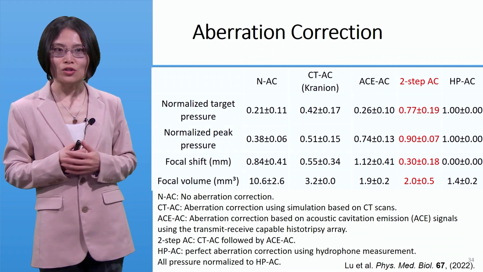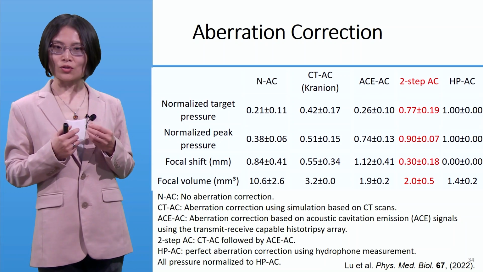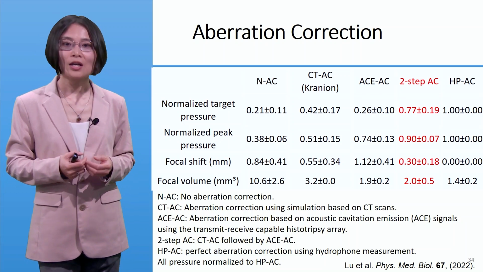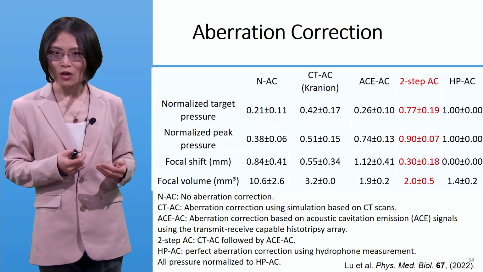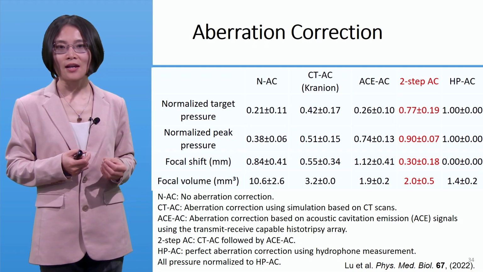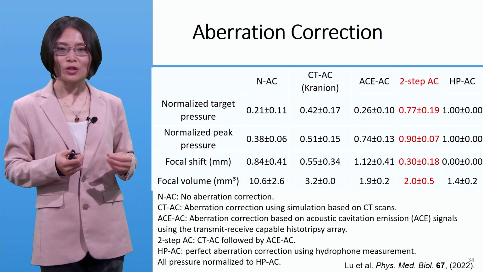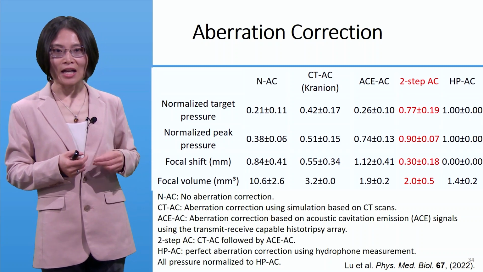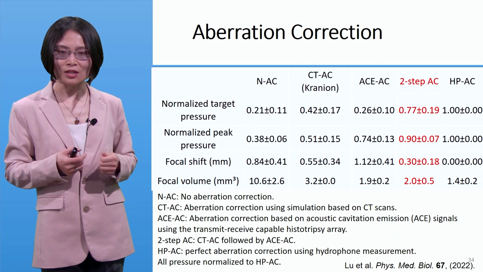We have developed a two-step aberration correction approach, where the first step is to use simulation based on the CT scan of the skull. The second step calculates the travel time between individual array elements and the cavitation site based on the acoustic emission signal.